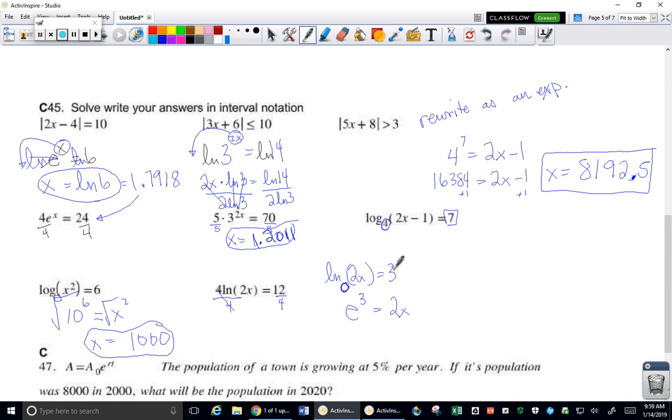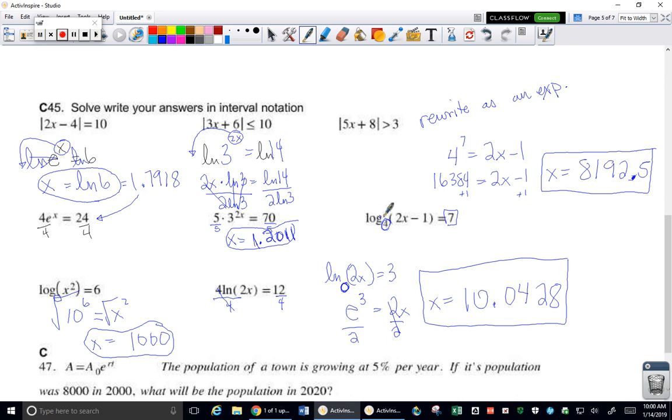So e to the third power equals 2x. This goes in your calculator: e to the third power divided by 2, and we get 10.0428 rounded to four decimal places.